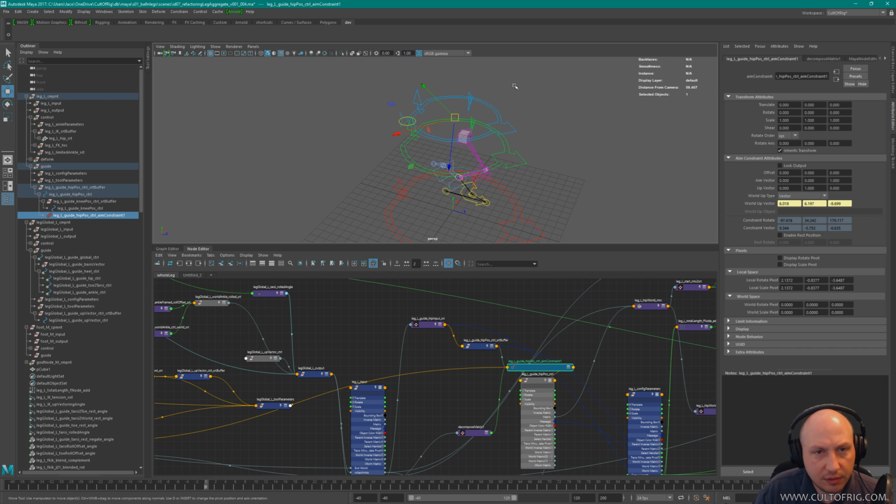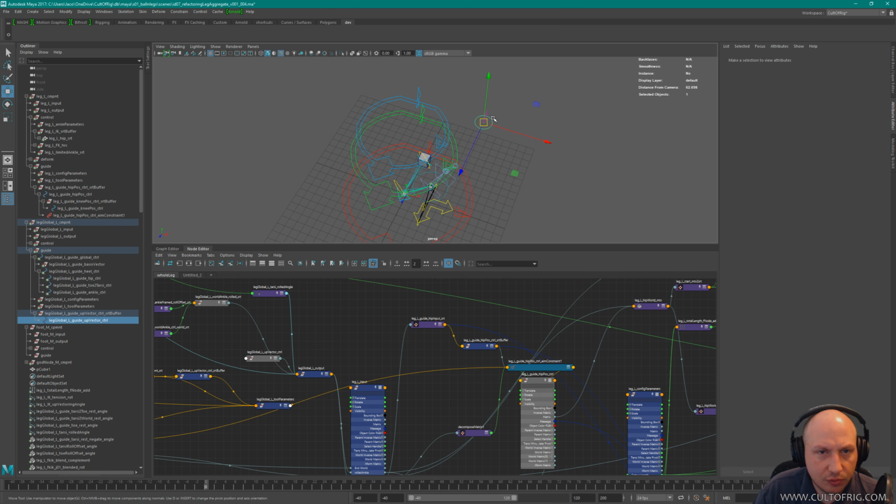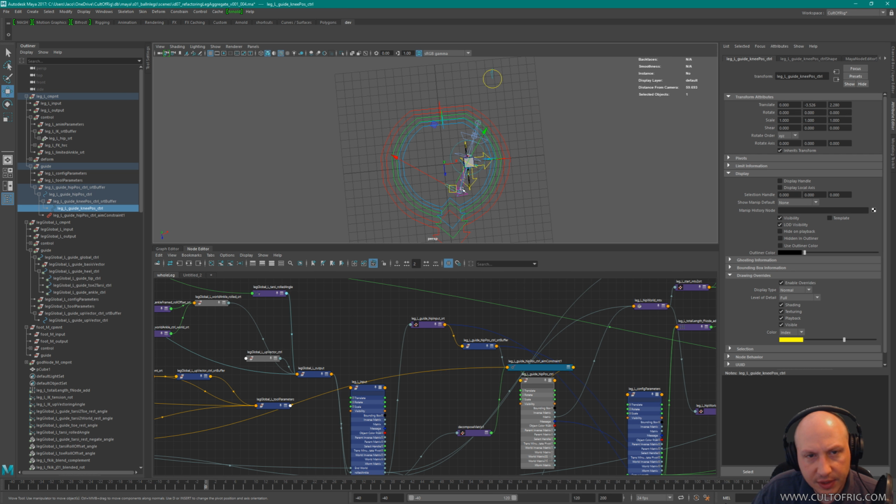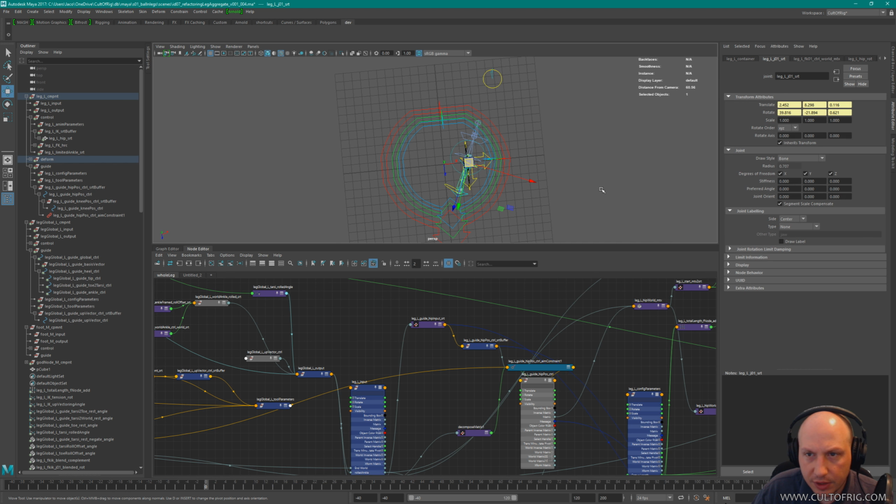So that should only move it up there. It wouldn't really make a difference. I will admit that our solution for the IK seems correct. This doesn't. So this is fine, and just this is not orienting correctly.